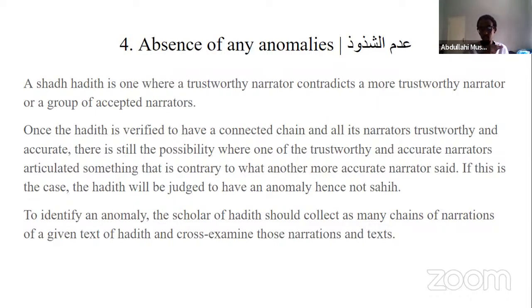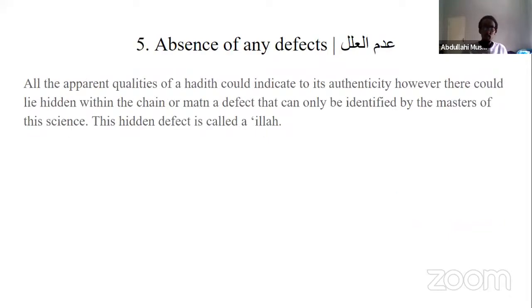So that gives us a good idea of what Adam Shudud means. And then the last one is Adam al-Ilal. Now you might think that an anomaly and a defect are similar things. They sound quite similar.